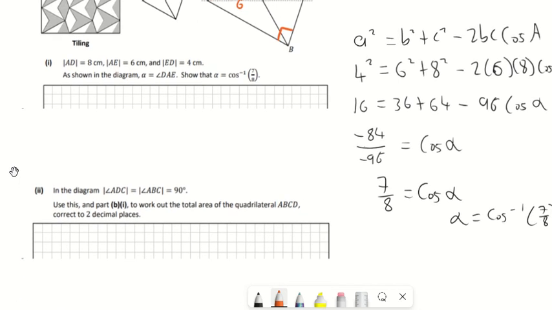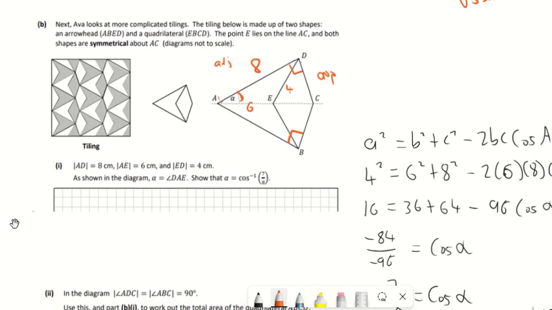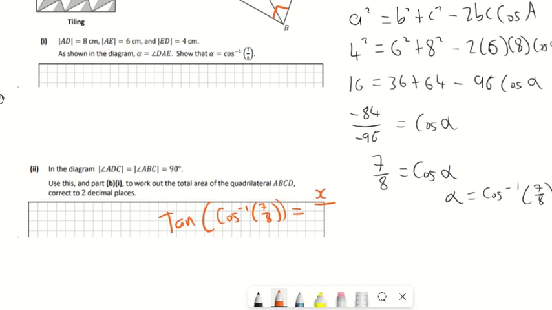The tan of the angle, which is cos inverse 7 over 8, I'll just leave it like that for the minute, has to be equal to the opposite, which is what we're looking for, x, over 8. I'm just letting x be the side AD, and it's over 8.